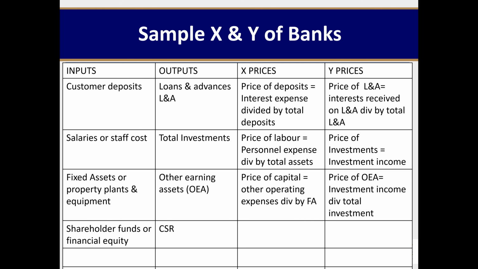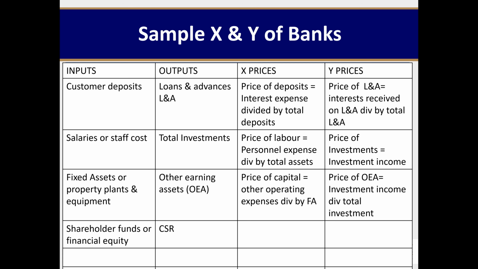If you are doing profit efficiency, you will need the prices of the input and the prices of the output. So the input prices, remember, the first input was deposit. Those of you who are doing cost productivity, you should know this. The first input is deposit.